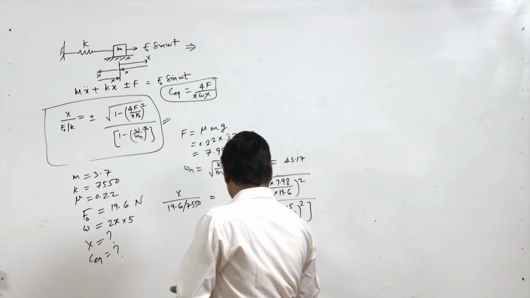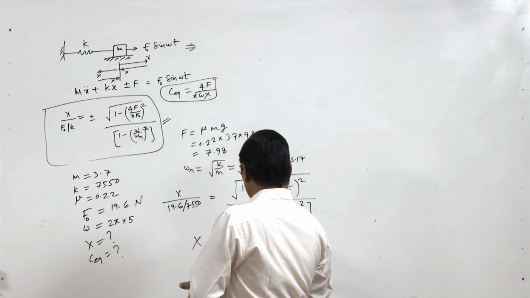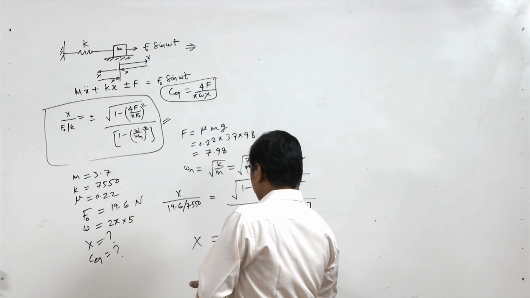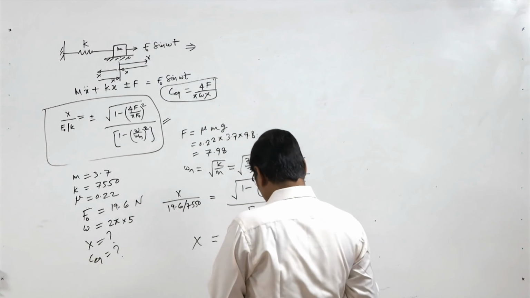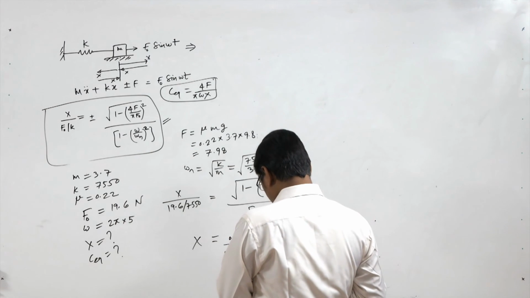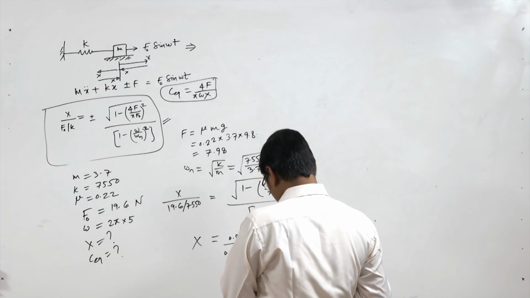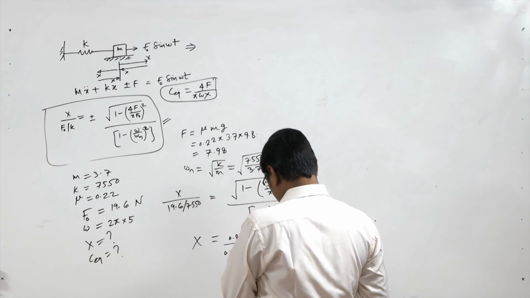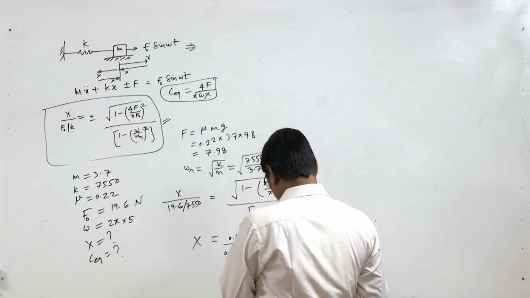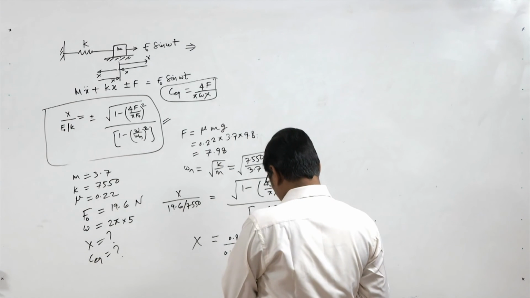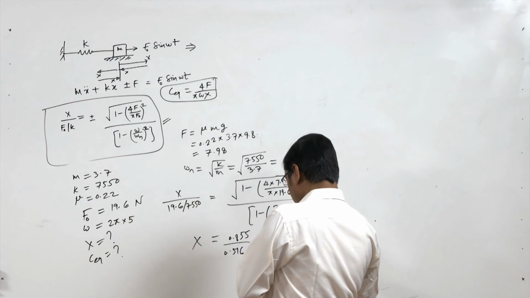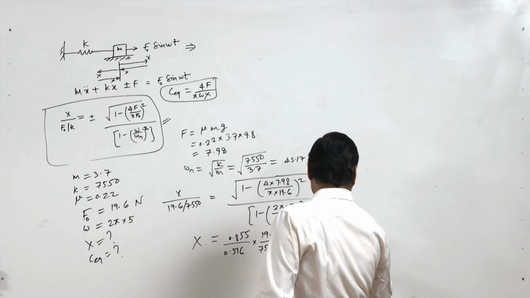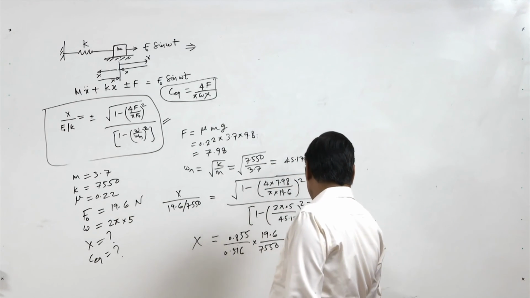So x equal to that into 19.6 by 7550. So it is about 4.3 into 10 power minus 3 meter. So it is equal to 4.3 mm.